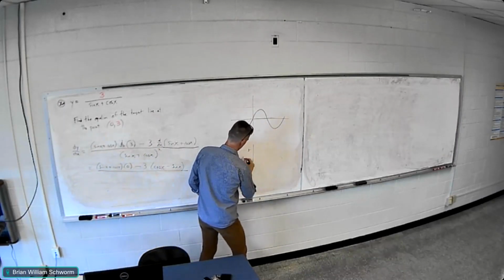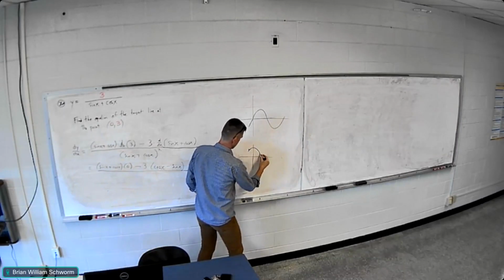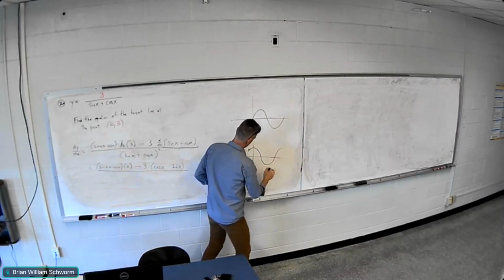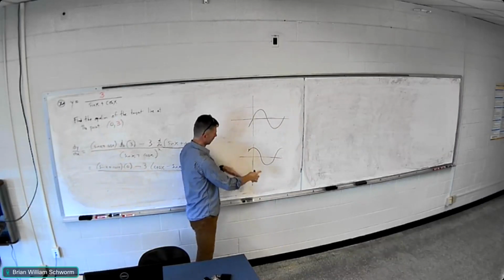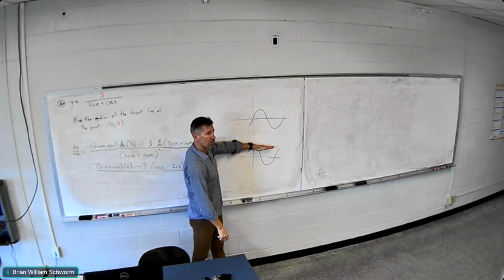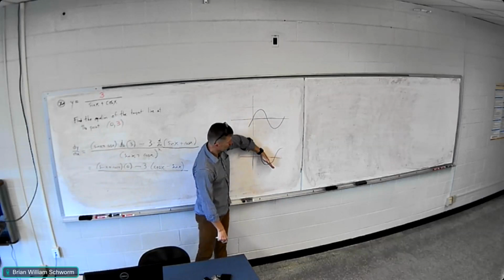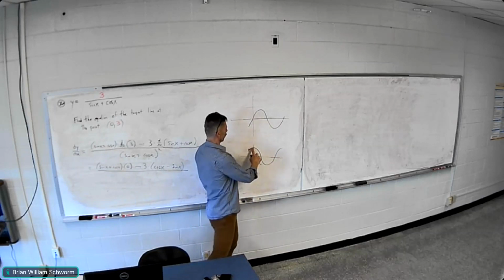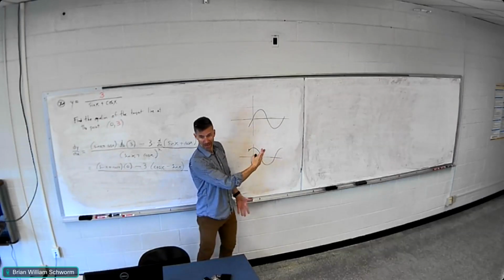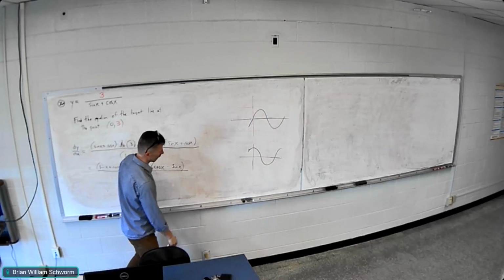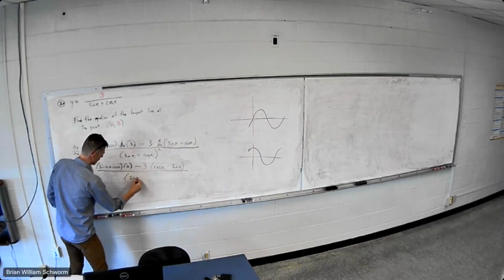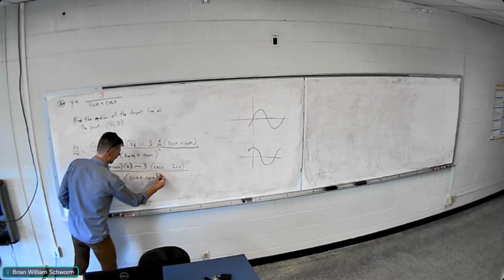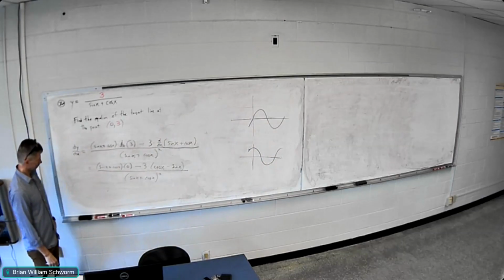Whereas cosine, if you think about the graph of cosine, very similar, but it looks like this. It starts at its high point here. So if you think about the tangent line, it starts off positive, but as soon as you go to the right a little bit, now it's negative. And it's going down, negative. So the derivative of cosine is negative sine, because the tangent lines are going to have negative slope. Anyway, that's the way I remember that. I don't actually just memorize it. I think about the tangent lines.